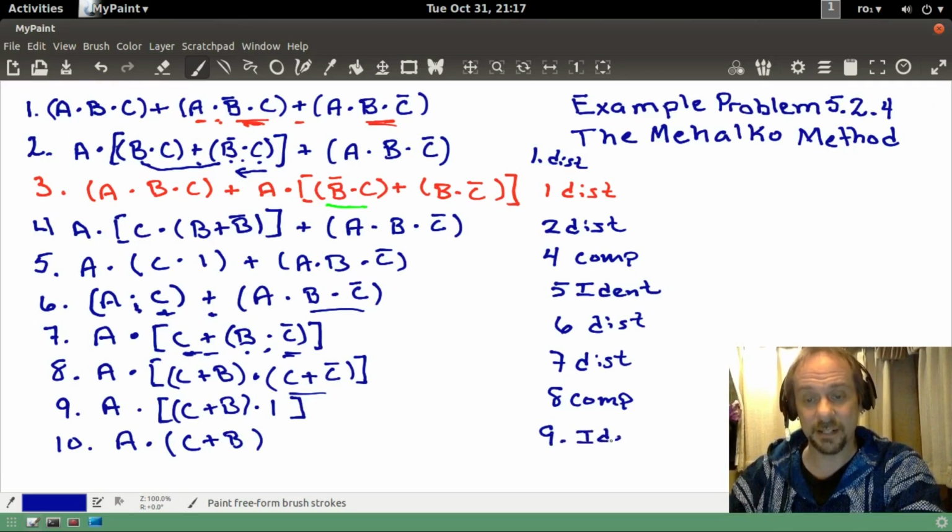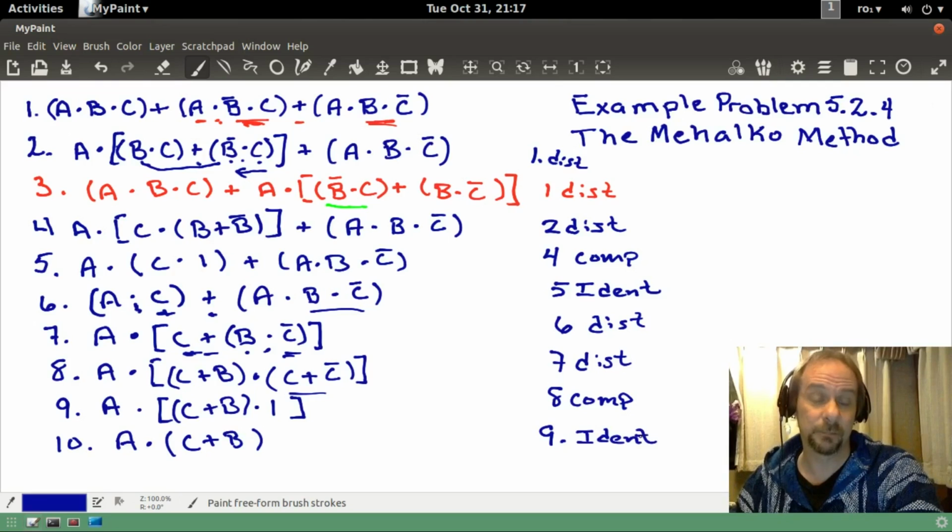And that is how that problem is worked much more efficiently.